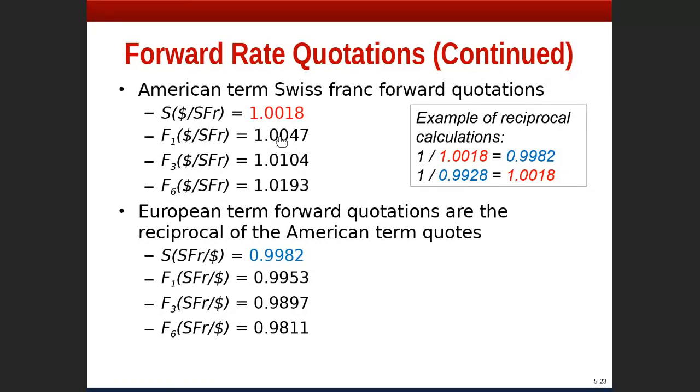If you take the reciprocal of this number, 1.0047, you get 0.9953. You take the reciprocal of this one, 1.0193, you get 0.9811. These are American quotes, and these are European quotes.